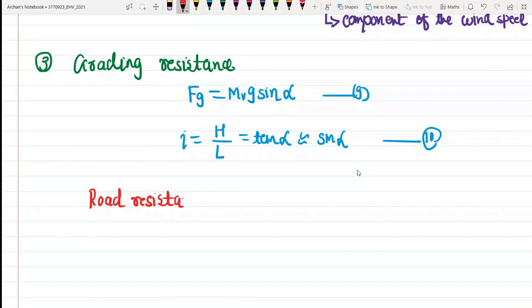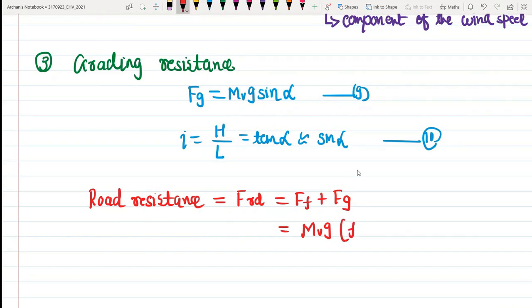Road resistance is nothing but the tire rolling resistance and grading resistance together, and it is denoted by FRD, which is the summation of rolling resistance plus grading resistance. So it will be equal to mv into g, fr cos alpha plus sin alpha. Let us call it equation number 11.